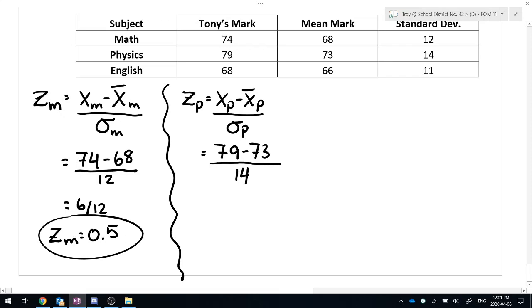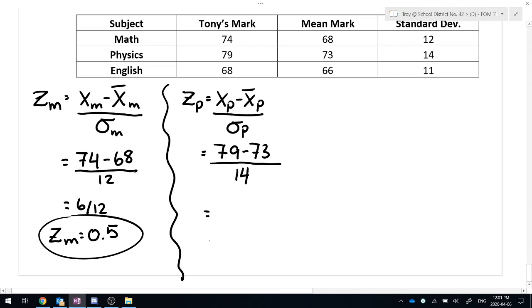The standard deviation from the math class was 12, and from the physics class it was 14. So we know, because physics had a higher standard deviation, that the marks were more spread out for the physics exam, right?